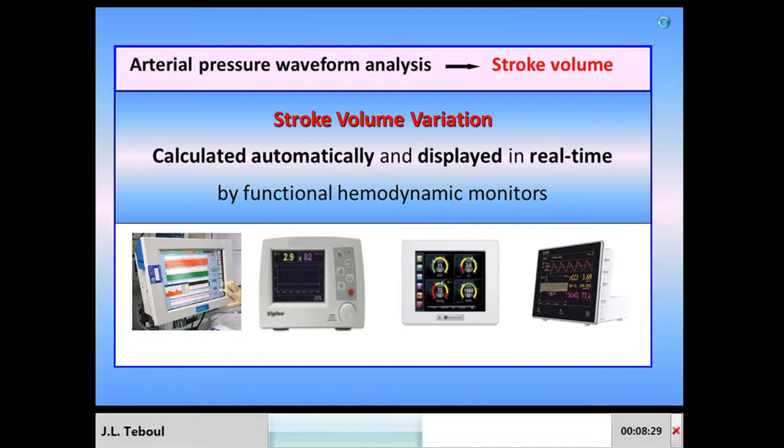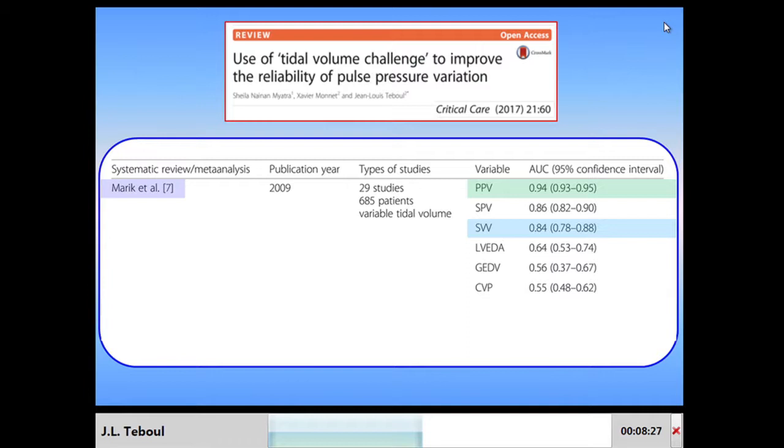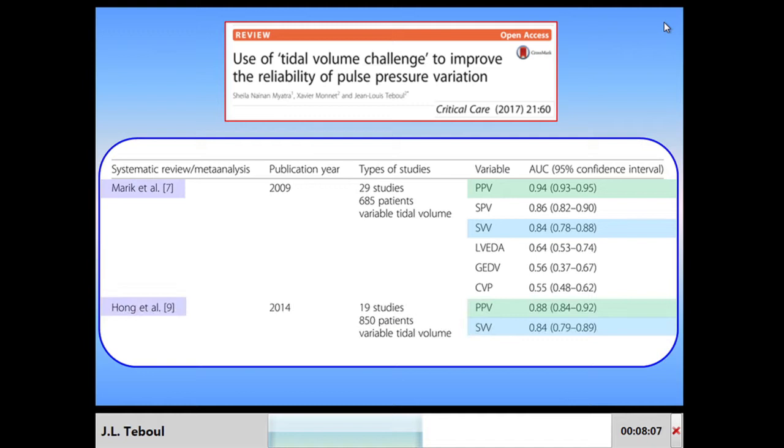And SVV is also a good predictor of responsiveness, a little bit less good than PPV. This is a meta-analysis by Paul Marik, showing that the average area under the ROC curve was only 0.84, so not as good as that for PPV, or 0.84 in this other meta-analysis. But okay, it's not bad.